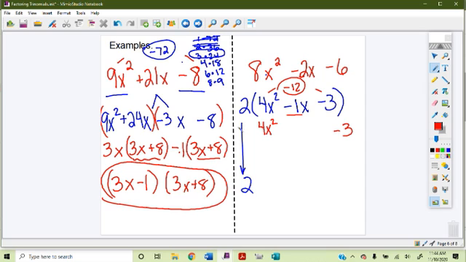So I'm multiplying to get a negative number, which means one has to be positive, one has to be negative. It does not matter which one is which. So let's think about 12: 1 times 12, 2 times 6, 3 times 4.